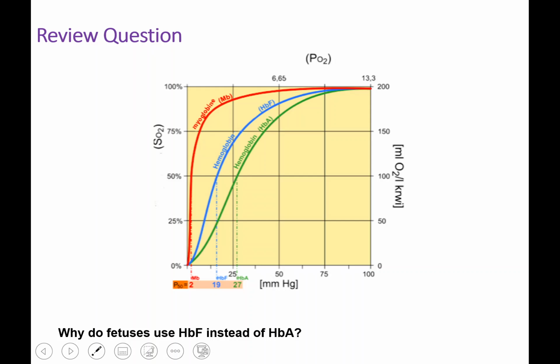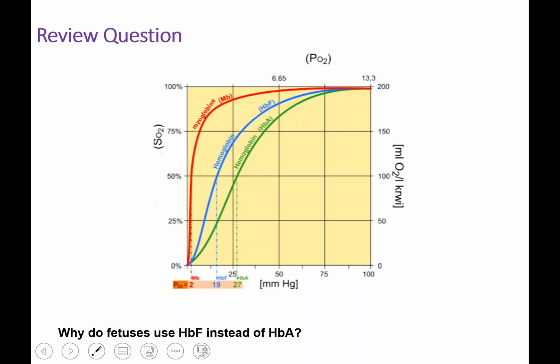And why do they use that? Well, if you think about it, a fetus, when it's inside the mother, doesn't have oxygen in its lungs, it's not breathing. So it needs a stronger hemoglobin than the mother's hemoglobin to be able to take oxygen from the mother, right? And that's what this hemoglobin does.